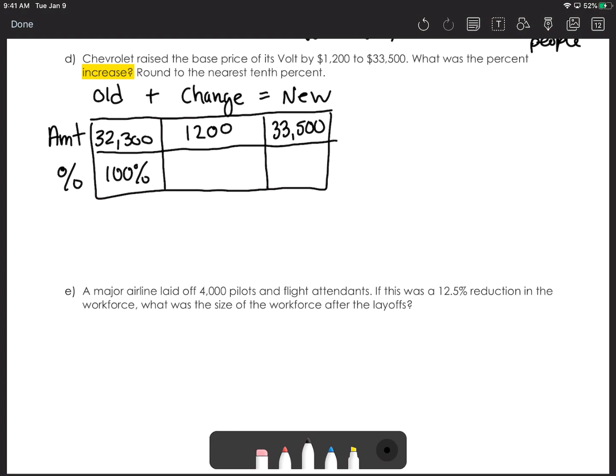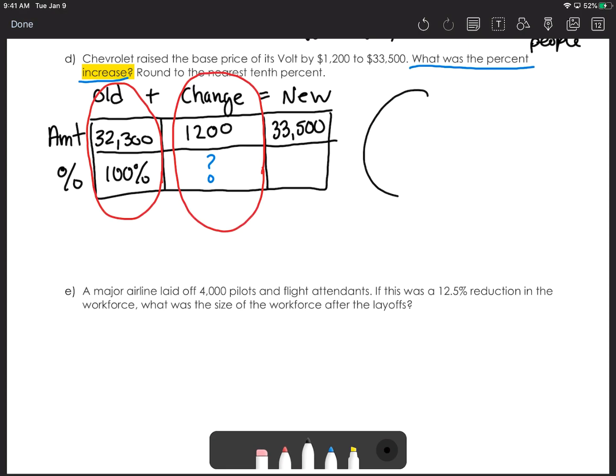Now the question is asking us to find the amount of the increase in terms of percent. So we're looking for this value here. So we always use the old column, and then depending on what we're looking for, we use that as our second column.